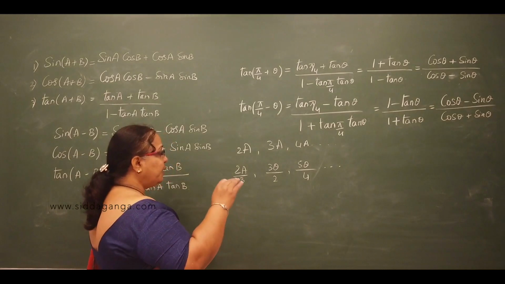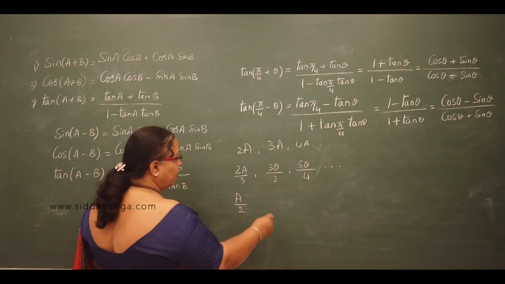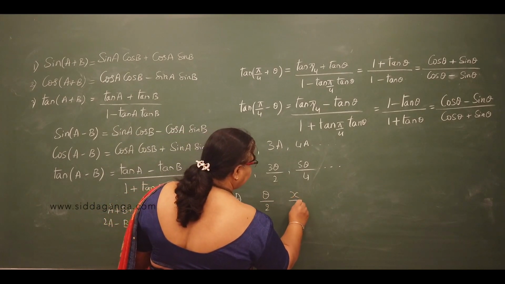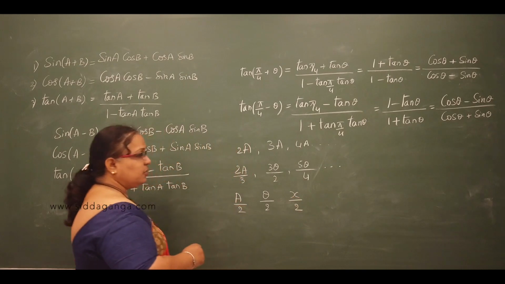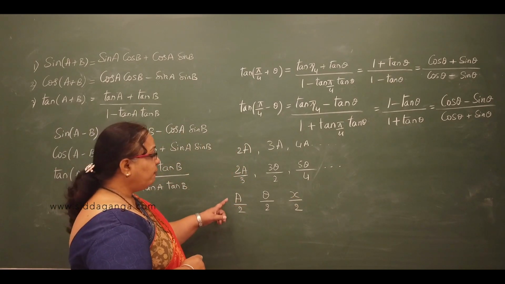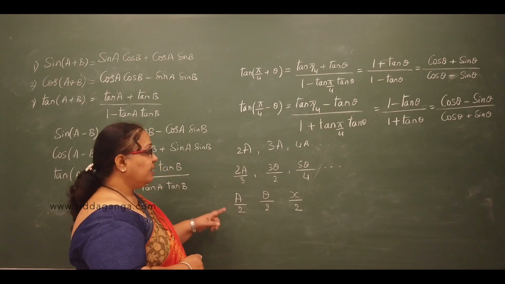In particular, A divided by 2, or theta divided by 2, or x divided by 2 is called the half angle.